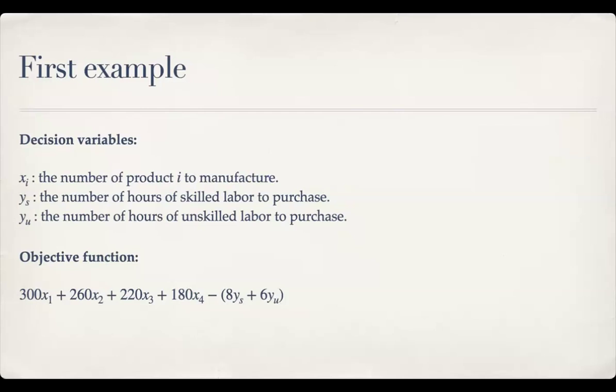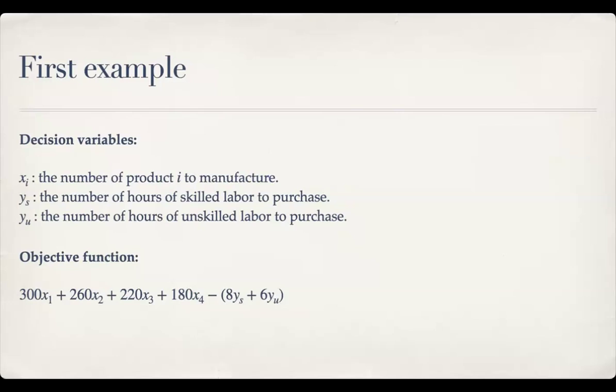And we have to write the objective function as a function of these decision variables. From the information available in the table in the previous slide, we can write the profit as 300 x1 plus 260 x2 plus 220 x3 plus 180 x4.